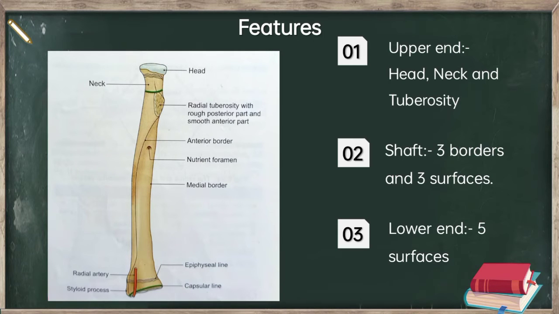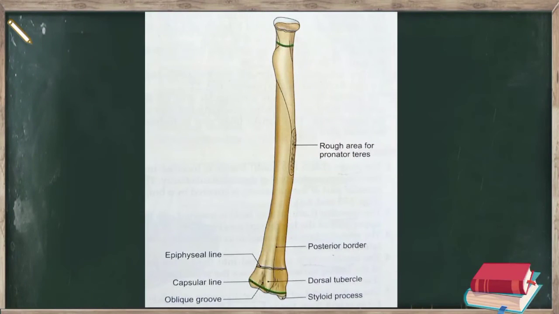Moving further to the posterior border now. In this picture you can see this is the posterior border. Posterior border is a mirror image of the anterior border but is clearly defined only in its middle 1/3. The upper oblique part is known as the posterior oblique line.